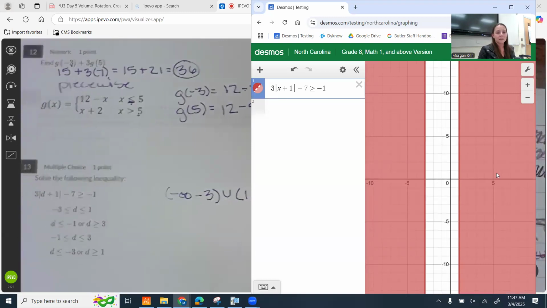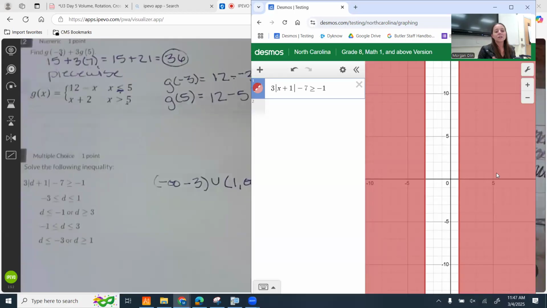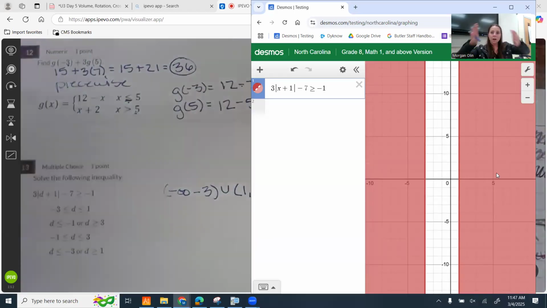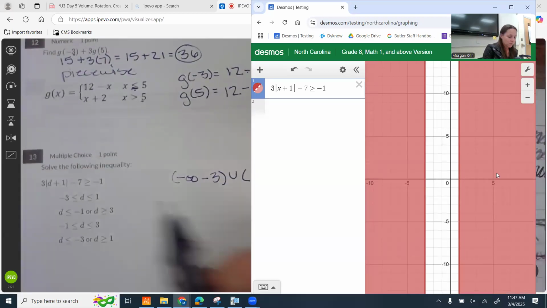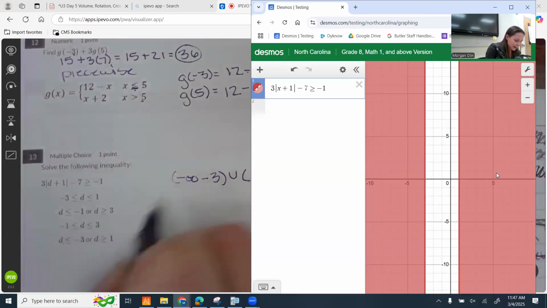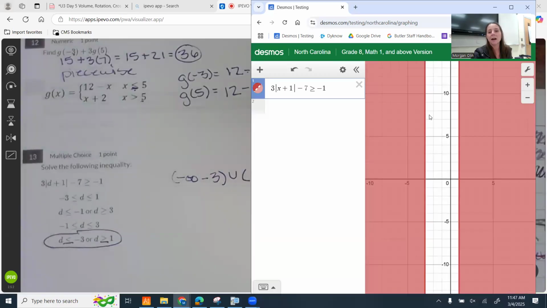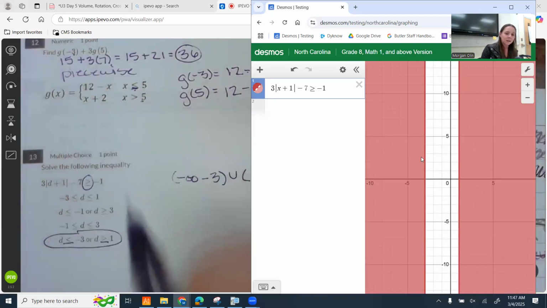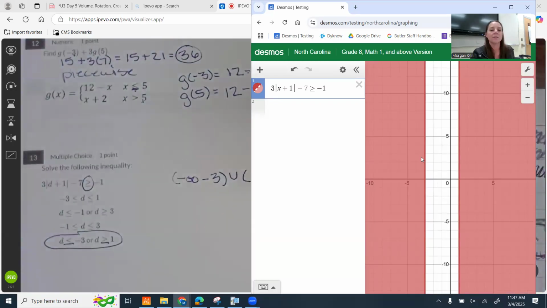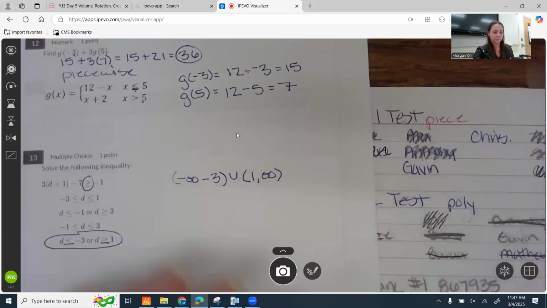Well, what is this? This is actually an or statement. When it's colored on either end, it's an or statement. And you're going to see or here. It's everything less than negative 3 or greater than or equal to 1. The other thing is the equal to right here, because I have these solid lines, is going to be equal to. But you should be able to pay attention. If that has equal to, then your answer is going to have equal to in it.